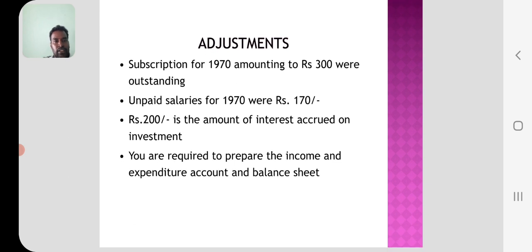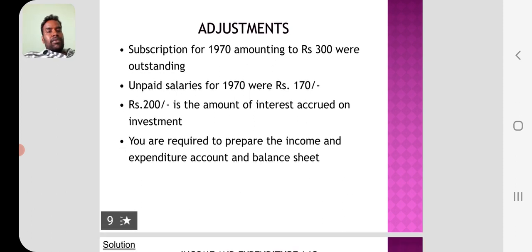So see here the adjustments to the above receipts and payments account. Subscriptions for 1970 amounting to rupees 300 were outstanding. Unpaid salaries for 1970 were rupees 170.